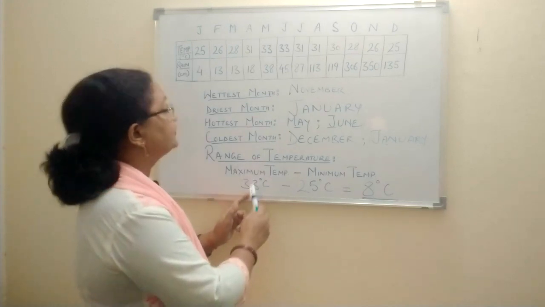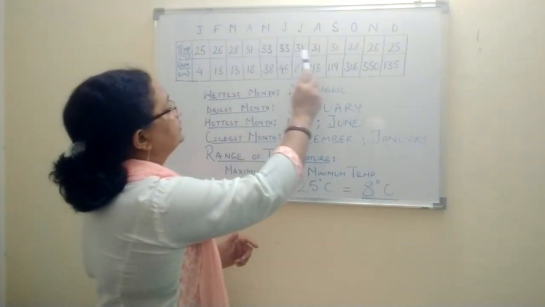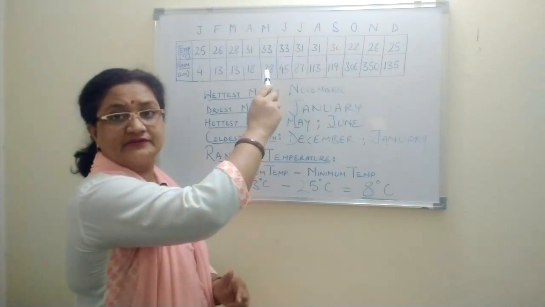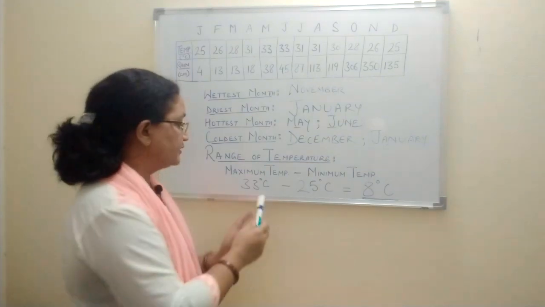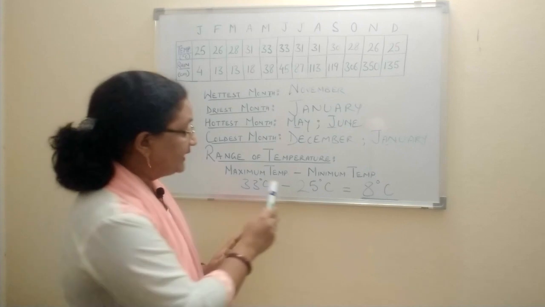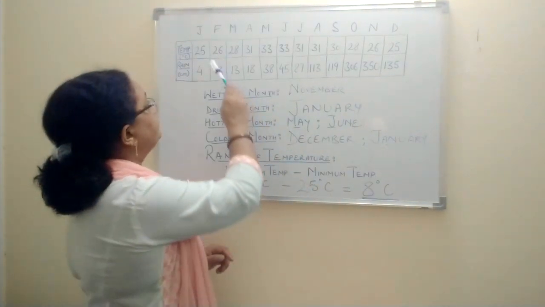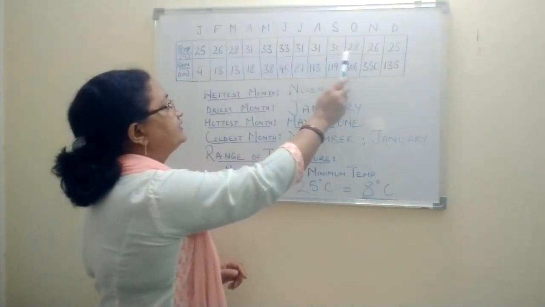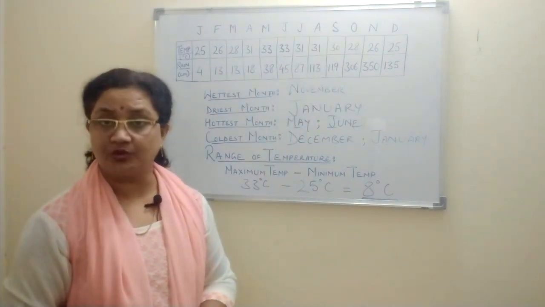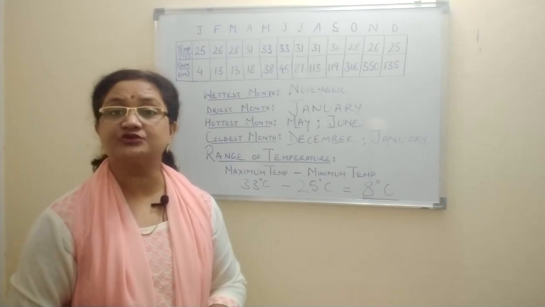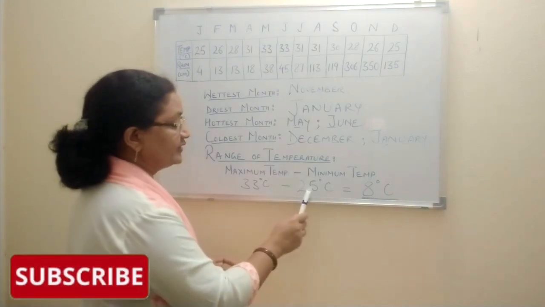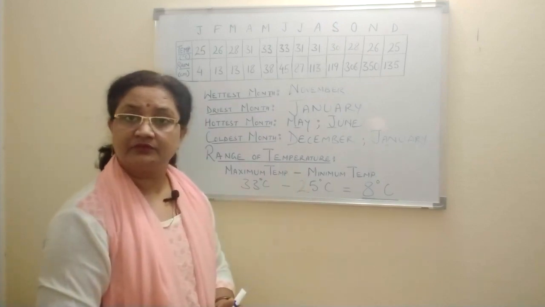In the temperature column, you'll check maximum temperature goes to 33 degrees centigrade. Okay, so you are going to write maximum temperature 33 degrees centigrade. Clear? Minus minimum temperature. Minimum means the lowest temperature we can get here, that is during January and December, that is the lowest temperature. Okay, and that is 25 degrees centigrade. So we are going to write 25 degrees centigrade here, right?